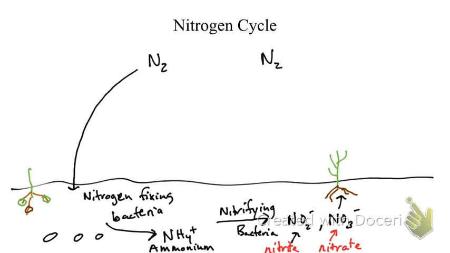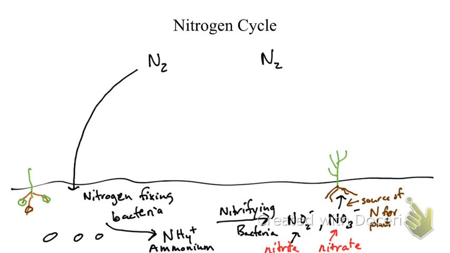So we'll say source of nitrogen for plants. And the main thing we need nitrogen for actually is amino acids, which are used to make protein as well as DNA. So we get a lot of nitrogen from eating plants.